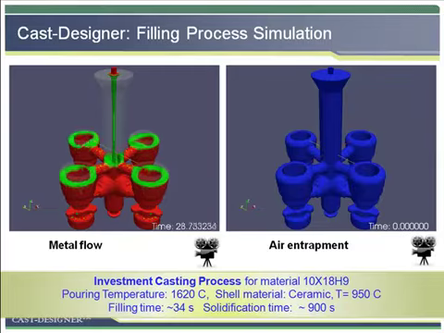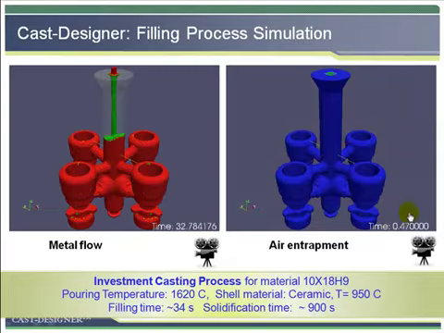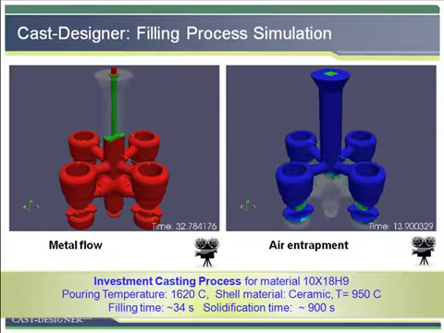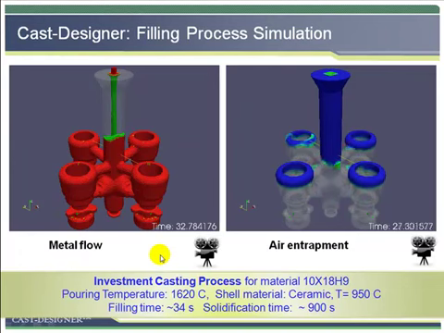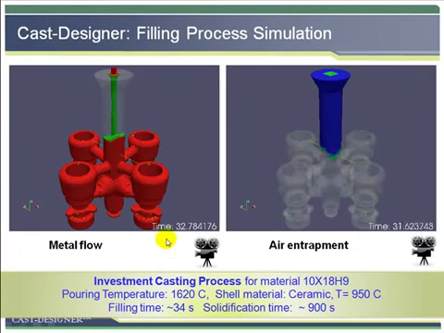This is an example of Cast Designer CPI for filling simulation. The red color shows the hot liquid metal, and the blue color is the air, which has not been filled yet. All the metal flow, air entrapment, velocity, vector and pressure can be provided by Cast Designer after the simulation.